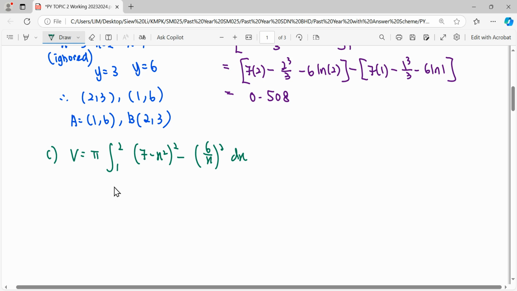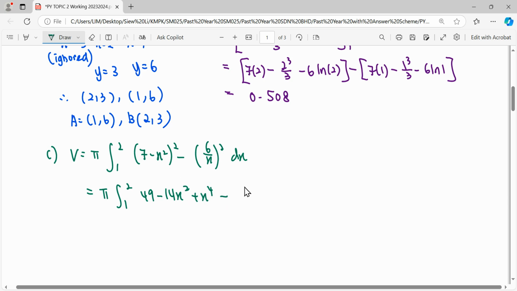Before we do our integration, we simplify the expression first by expanding. Expanding (7 minus x squared) squared will give you a squared, 49, 2ab, negative 14 x squared, and b squared, positive x to the power 4.